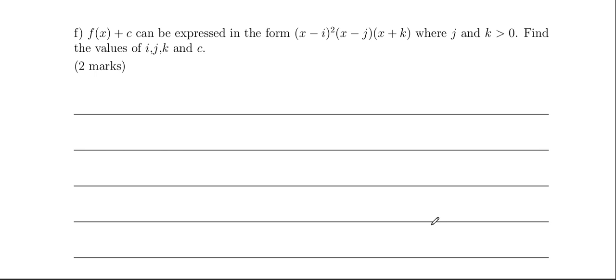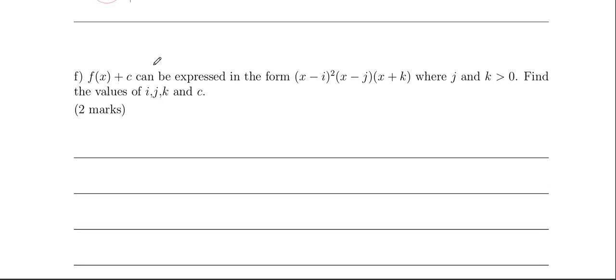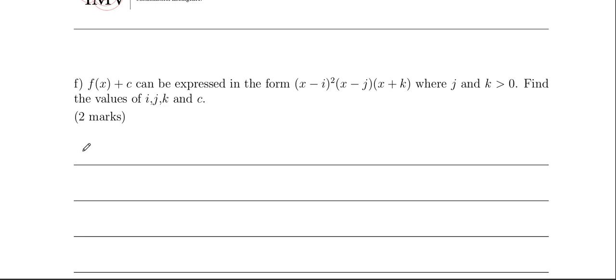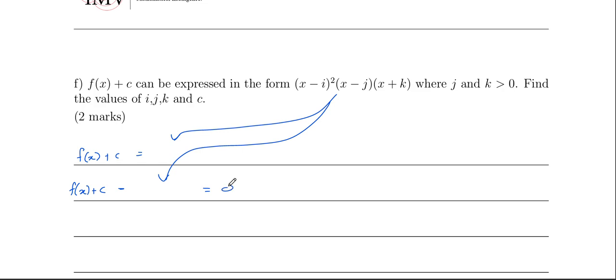f of x plus c can be expressed in the form of that. Find the values of i, j, k, and c. All right. So we can use a similar method here. What we can do is we can let f of x plus c equal to this. Therefore, f of x plus c minus this is equal to 0.